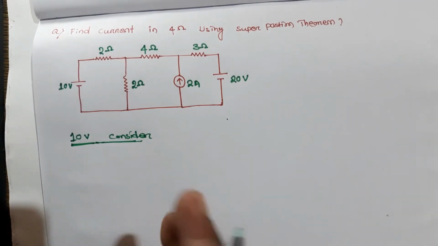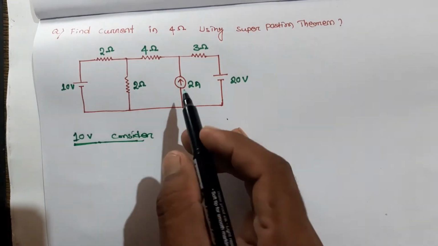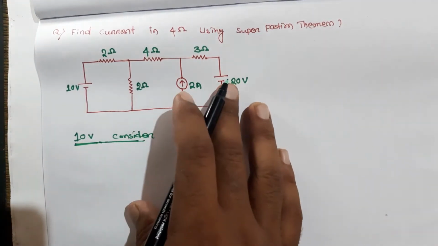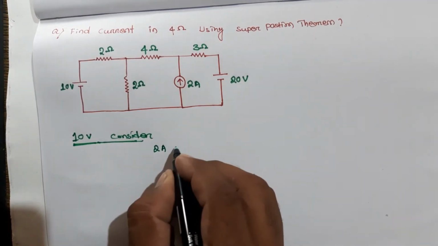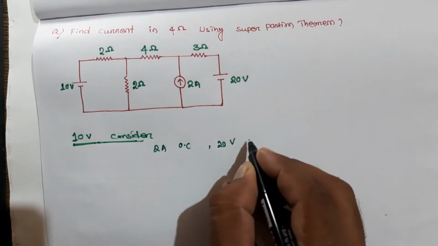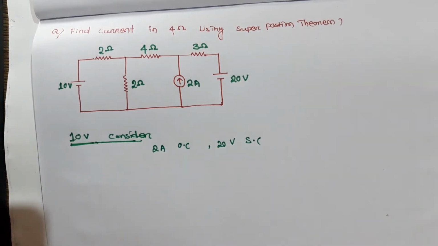According to the deactivation method, the current source should be open circuited and the voltage source should be short circuited. So the 2 ampere current source is open circuit and the 20 volt is short circuit. Then we redraw this network.